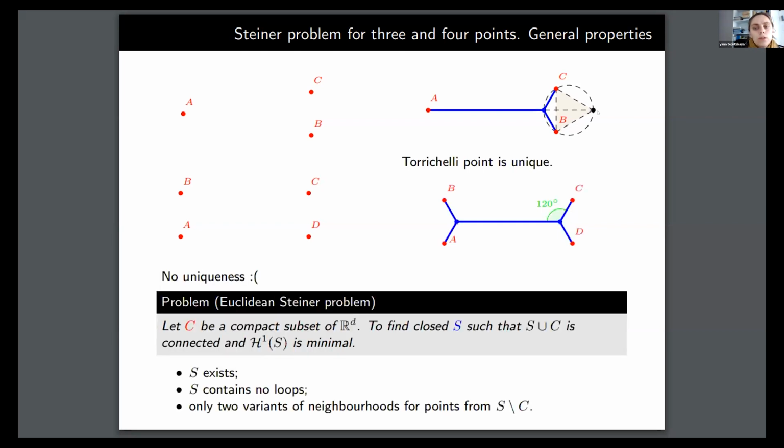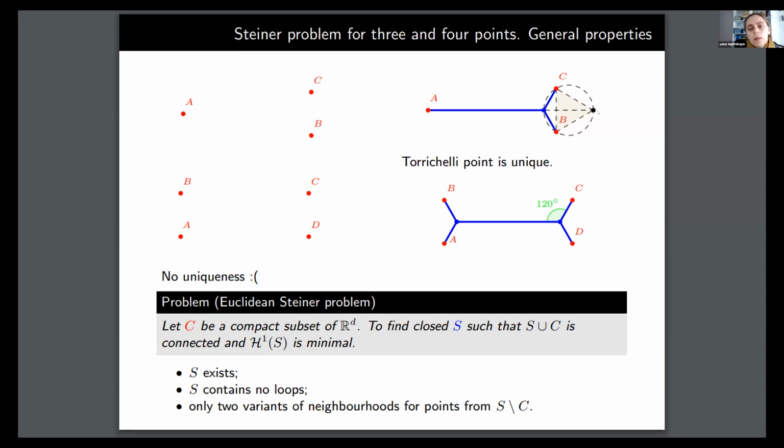But there will be 2 different networks, 2 different trees with the same structure. So there could be these blue points, connected with B and C and with A and D. And if A, B, C, and D are the vertices of a square, then these 2 trees will have the same length, the same Hausdorff measure.